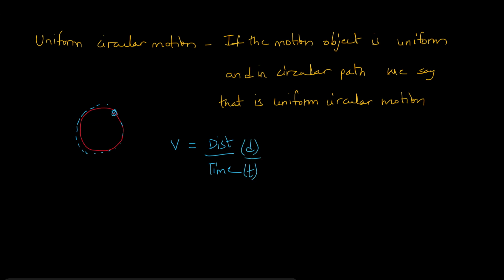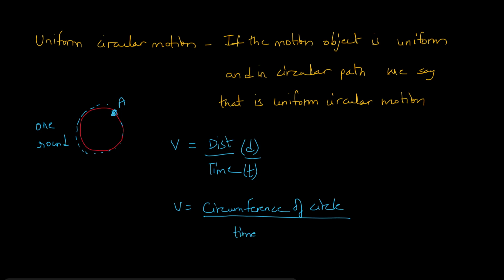If the object has to move from position A and make one round, then v is equal to, distance will be the circumference of the circle, because the object will run on the circumference or the perimeter of the circle, by the time taken.